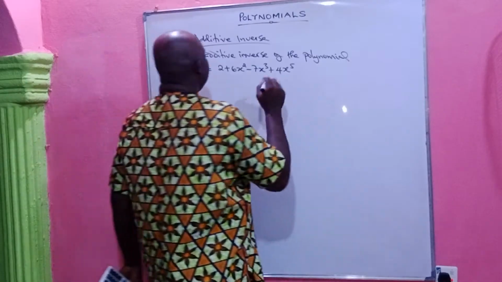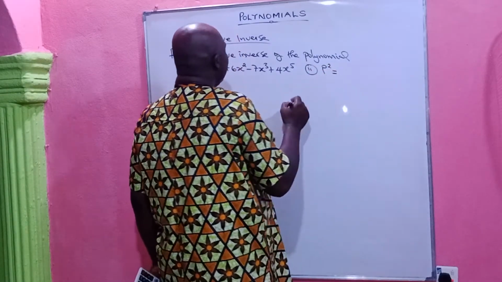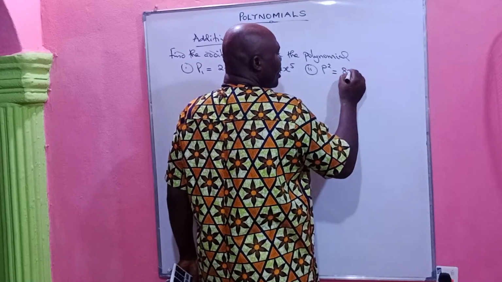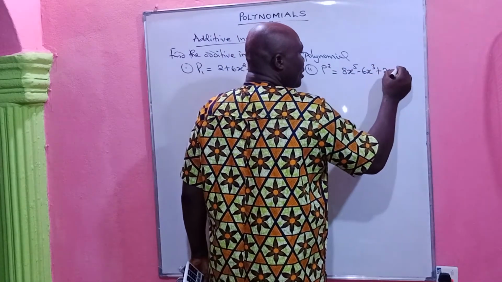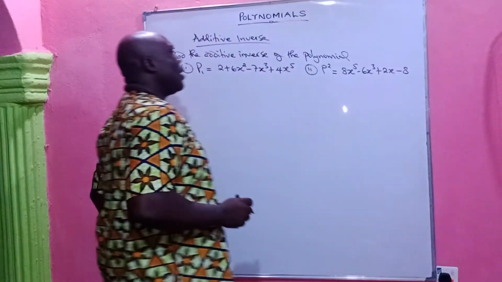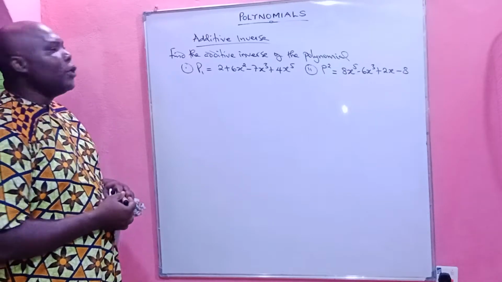And then we have P2, the polynomial is 8x raised to the power 5 minus 6x^3 plus 2x minus 8. Alright, so we want to find the additive inverse of these polynomials.